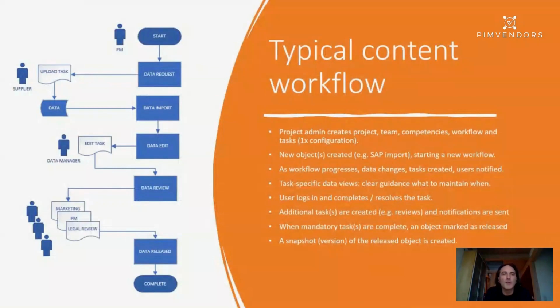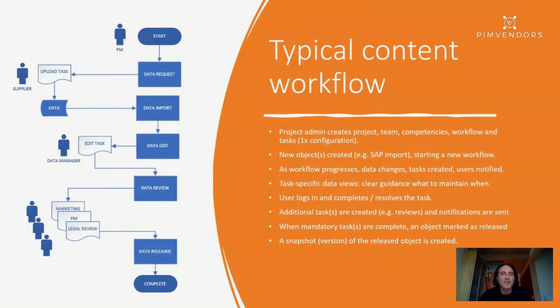Here is a typical workflow in the system, and we'll go through this live in a second. Basically, somebody initiates a workflow, they request data. This creates a task, either manually or automatically, which then results in an action. As the workflow progresses, more tasks can be created.